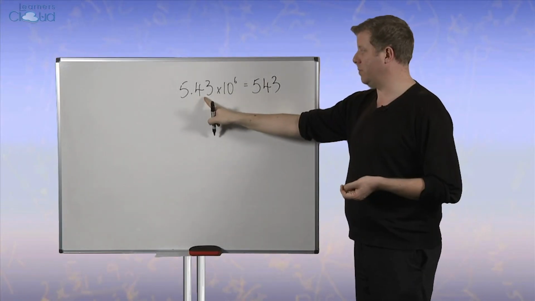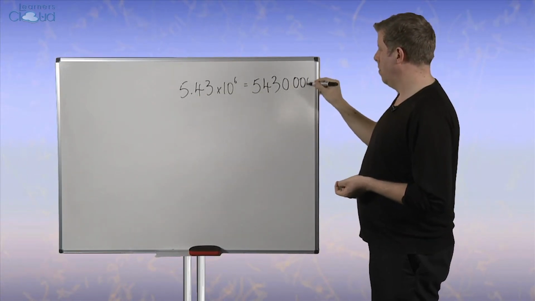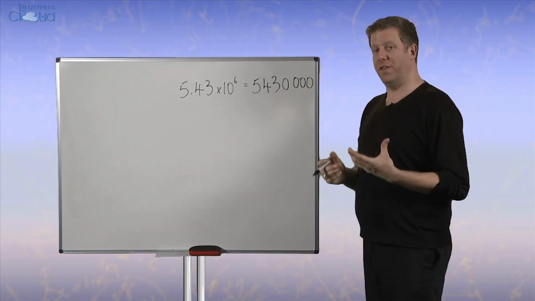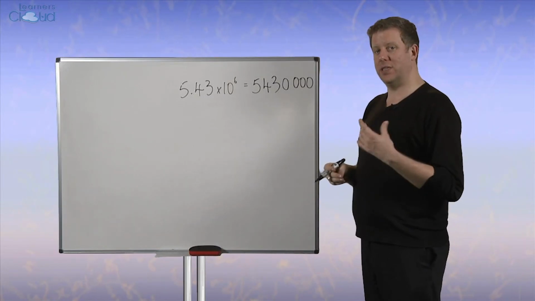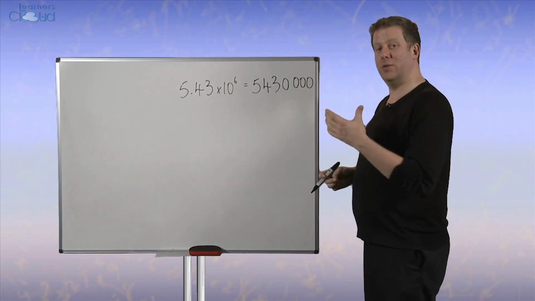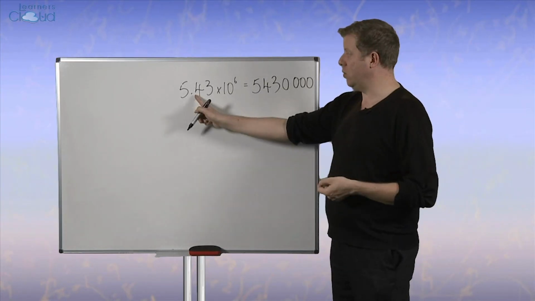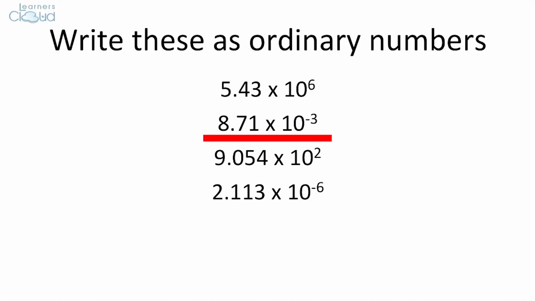I've moved it 2 spaces, so my next 4 spaces therefore would be filled with zeros. So my answer would be 5,430,000. And make sure you can see how I came out with that answer. It was the idea of moving the point 6 spaces. Those 2 already had numbers in them, and I filled the rest in with 0.